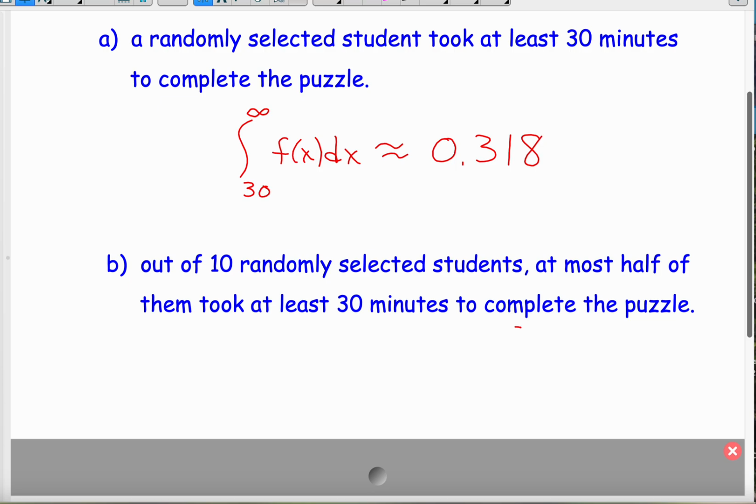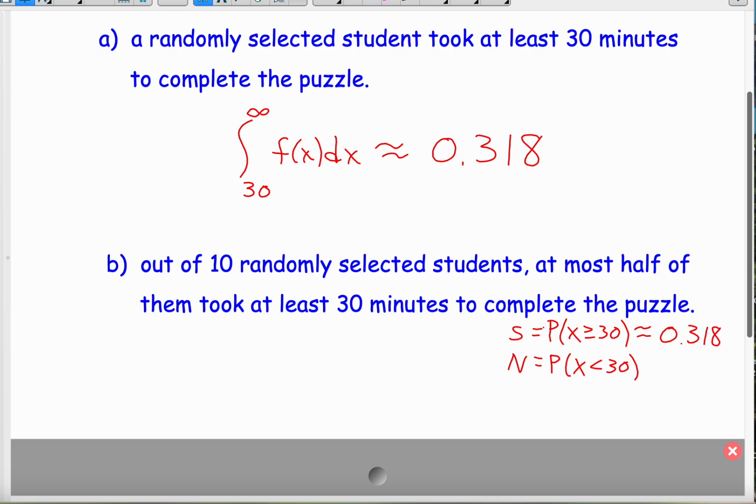So I'm going to let S represent the probability that it took at least 30 minutes, and we know from the first part of this problem that's 0.318. That's why we stored that number. And then I'll have N for not success, the probability that X is less than 30, which would be 1 minus 0.318.